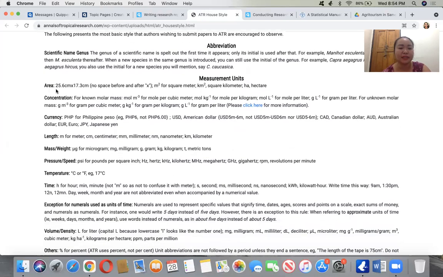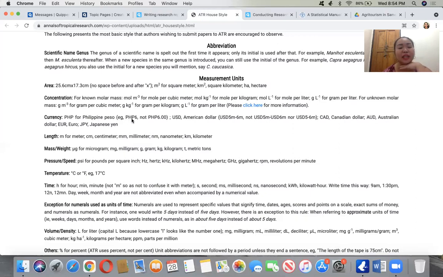And for measurement units, these are the standard use: square meters, square kilometer, and ha for hectare. And for concentration, you use mol m^-3, or mole per cubic meter, and mol kg^-1 for mole per kilogram, or gram per liter, g L^-1.